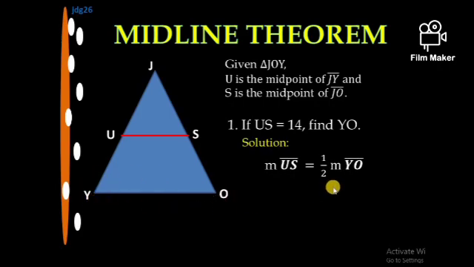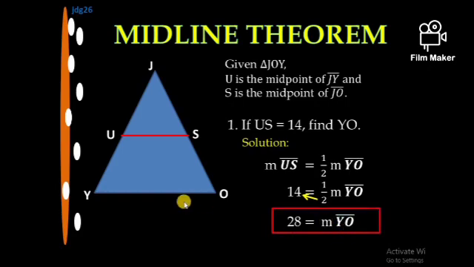Substitute lang natin ang given. The measure of segment US is 14, equals 1/2 the measure of segment YO. Cross-multiply lang natin ang 2 and 14. So we have 28 equals the measure of segment YO. Therefore, the measure of segment YO is 28.